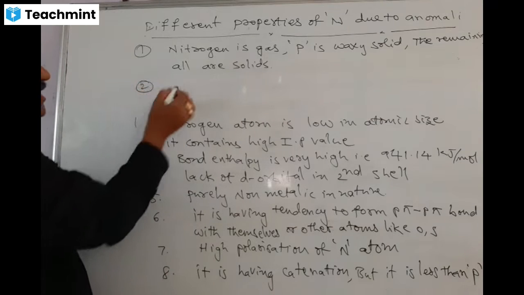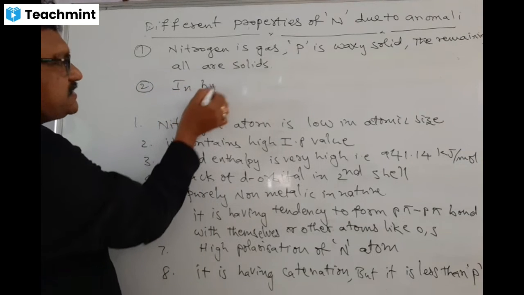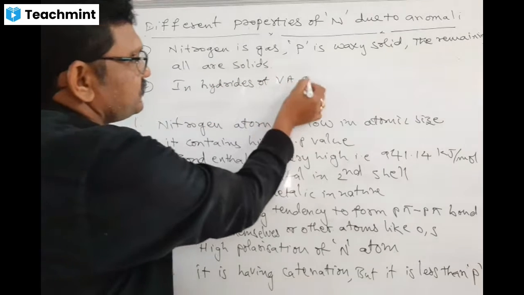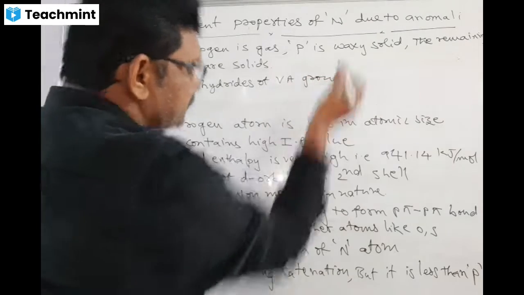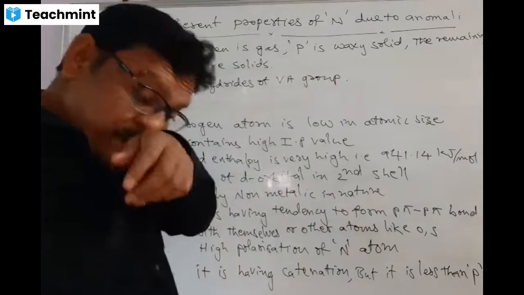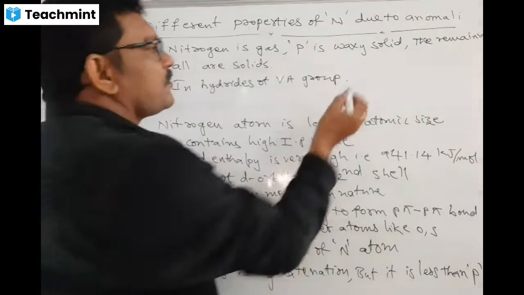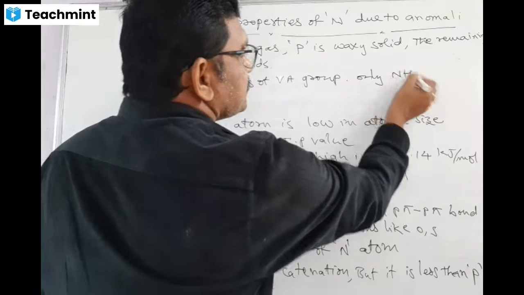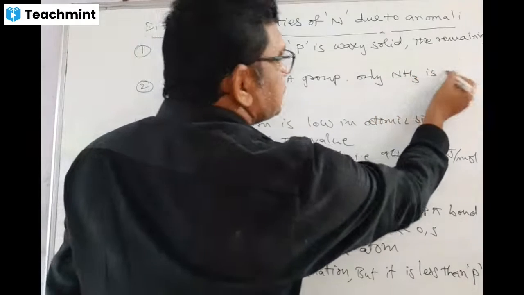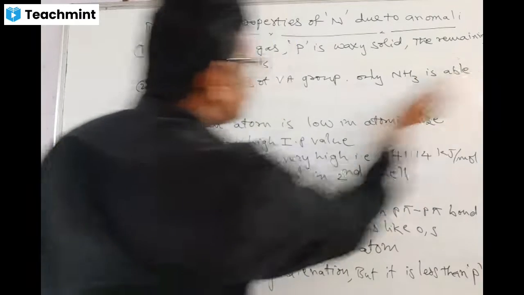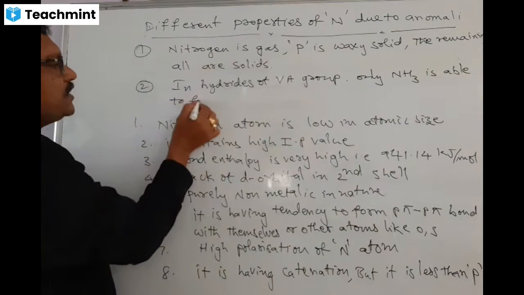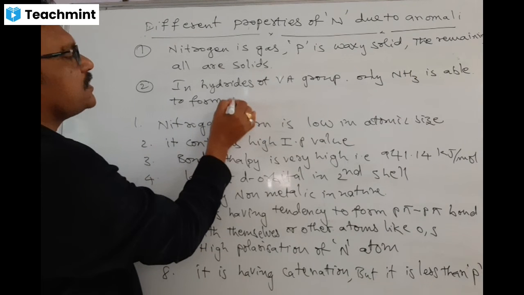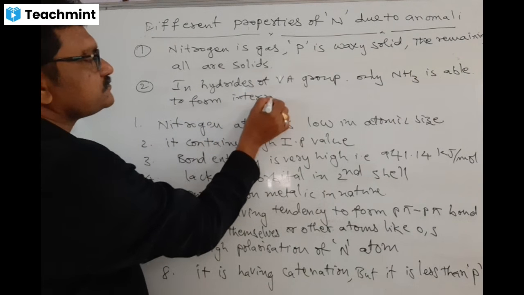The second one, in hydrides of fifth A group, only ammonia is able to form intermolecular hydrogen bond.